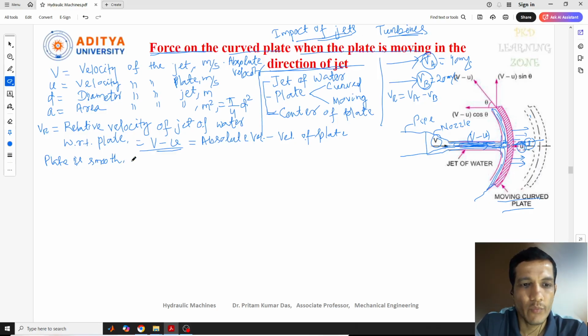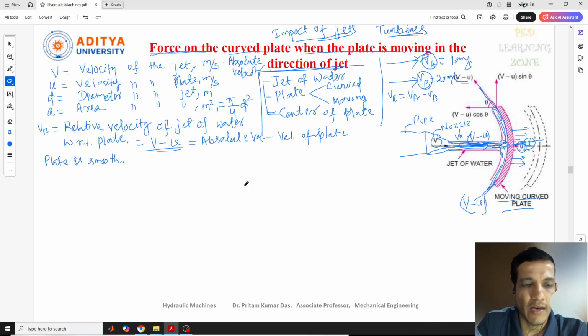So if the plate is smooth, the jet goes out with the same velocity at which it comes in. That means if the velocity is v minus u, which is nothing but Vr, the same Vr will move out at the outlet of the plate, the same velocity v minus u.